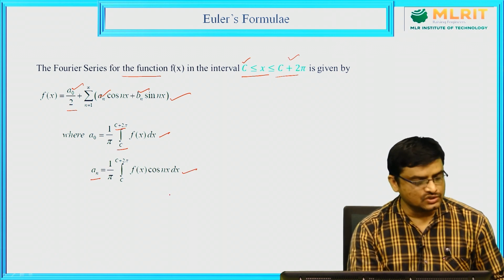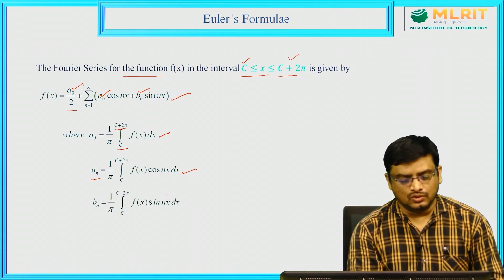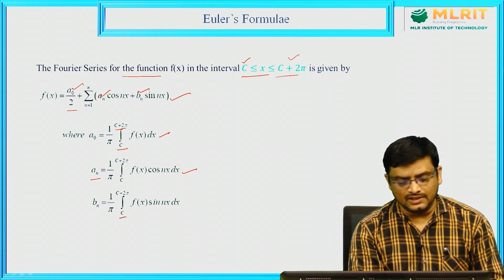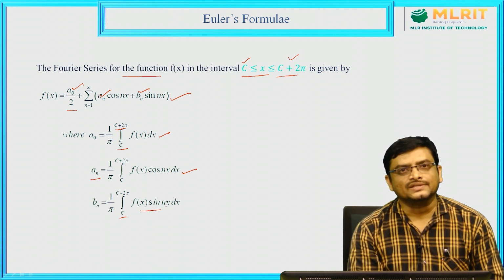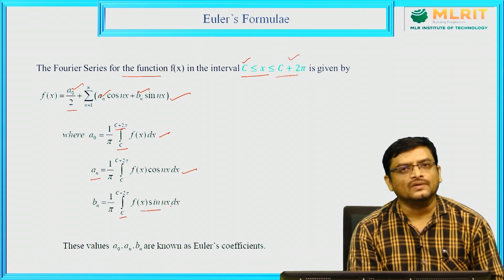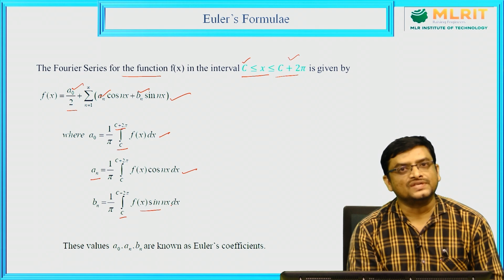And the last one is b n. That coefficient b n is defined by 1 by pi integral c to c plus 2 pi of f of x into sin nx dx. These coefficients a naught, a n and b n, we can call Euler's formula or Euler's coefficients.